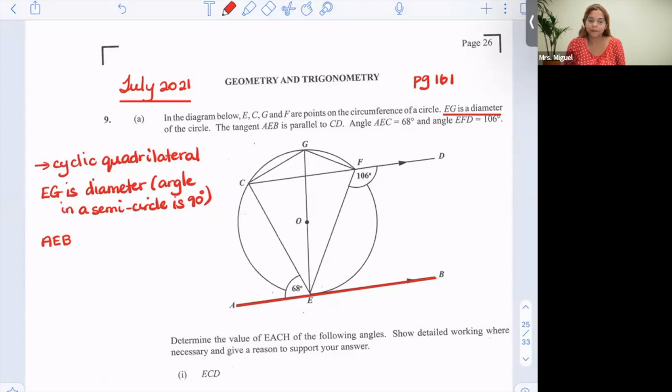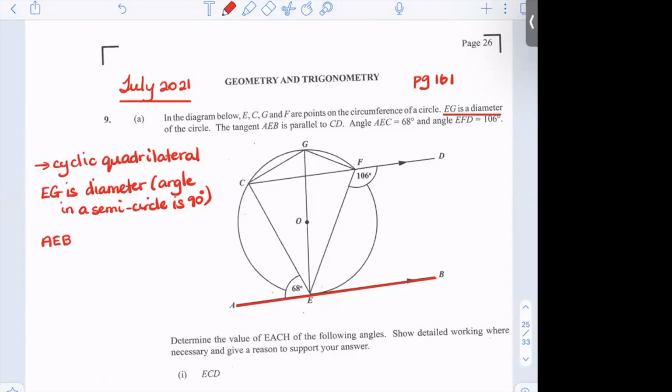Could anybody tell me what is the theorem with the tangent? Do you all have the cards you wrote yesterday? A radius meets a tangent at a right angle.